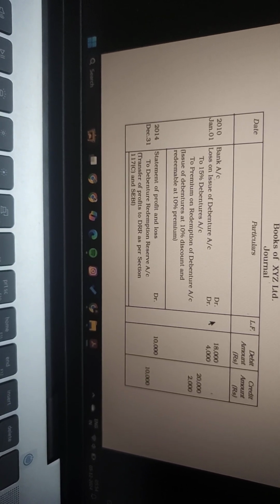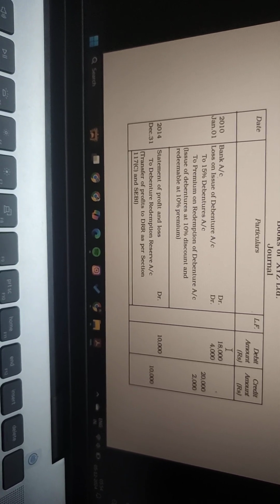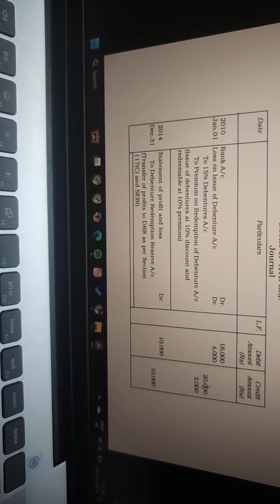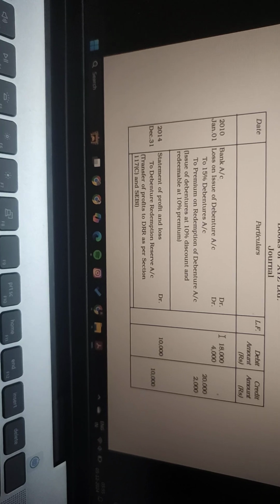So 2,000 plus 2,000, the amount is 4,000. That will be the loss on issue of debentures. Then bank account, the amount that the company received on application money, that is 20,000 minus 2,000 discount. So the amount will be 18,000.